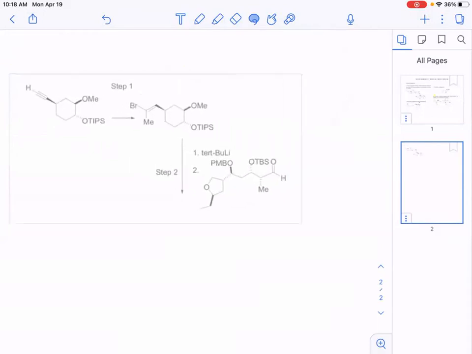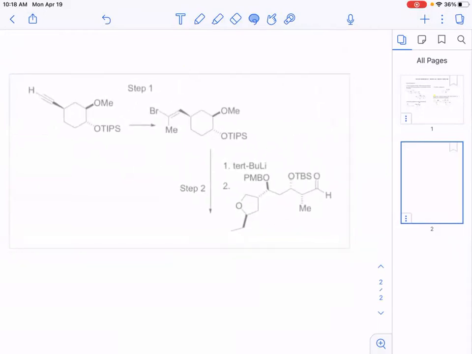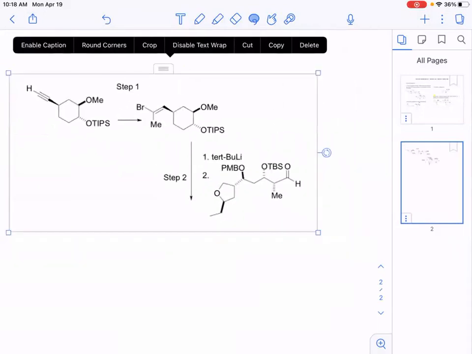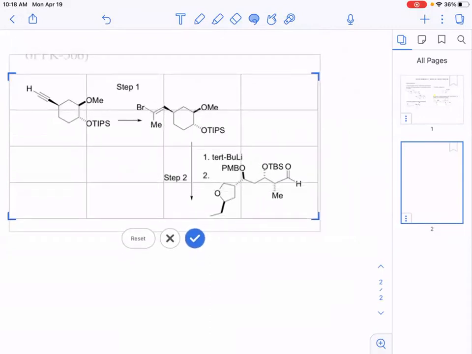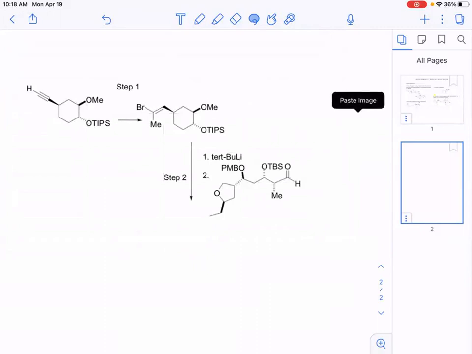All right. So let's look at the very first step, and think about how we would do that. We talked about alkynes and how to convert them into vinyl halides, as well as converting them into substituted vinyl halides.